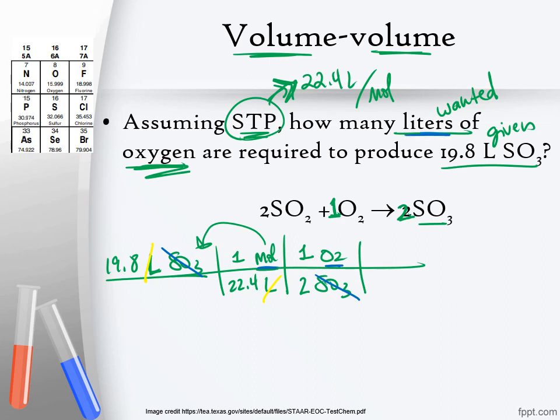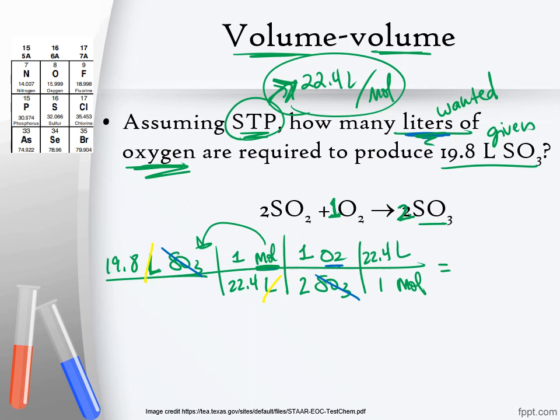So close. I want liters of oxygen, not moles of oxygen. So I need to do one more piece in my railroad tracks. I want to get rid of moles, put moles on the bottom, turn my moles into liters, put liters on the top. What do we know about liters and moles? We know that there are still 22.4 liters in 1 mole at STP.